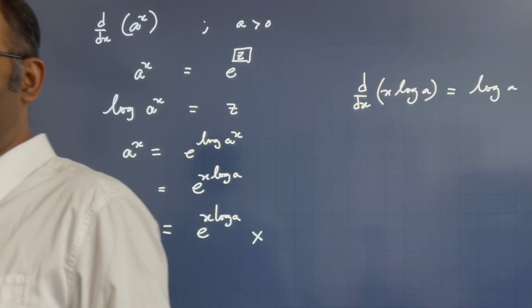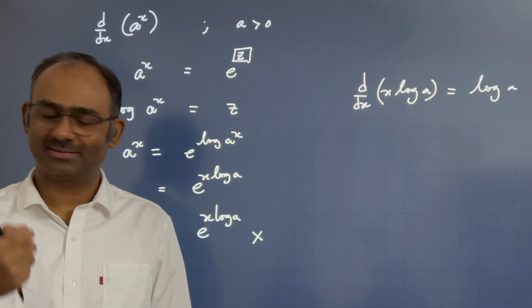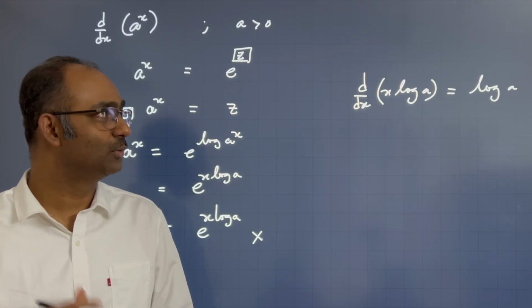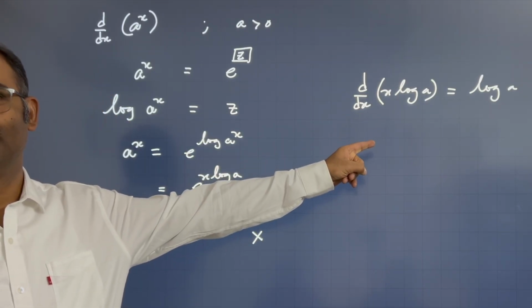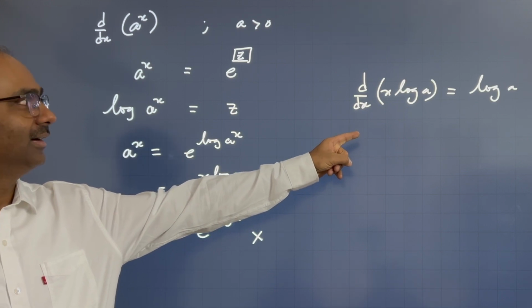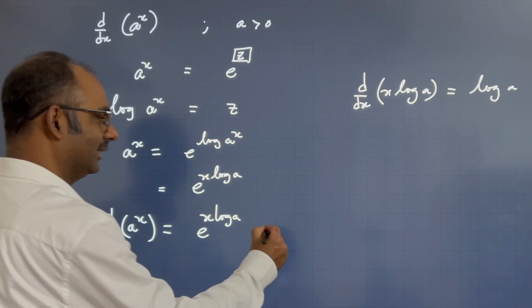Derivative of 5x. See, that is why you need experience. Just listening is not enough. You have to do more problems. Log of a. Agreed? So what should I write here?